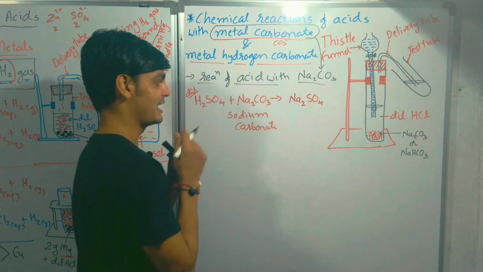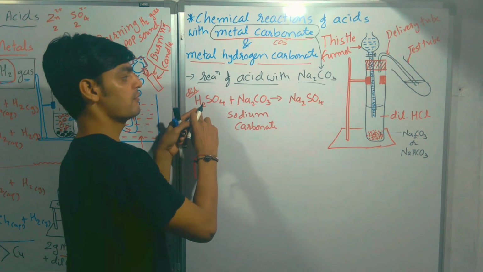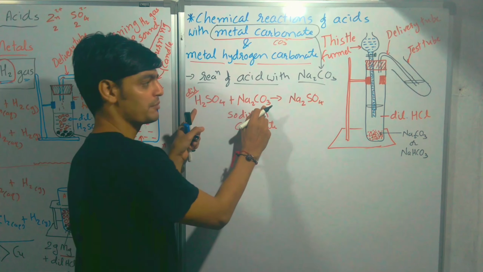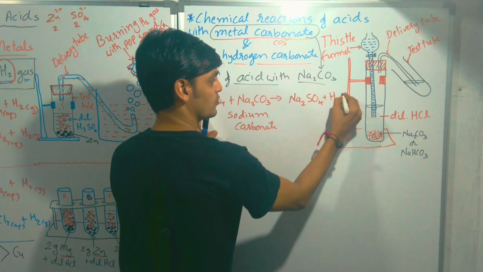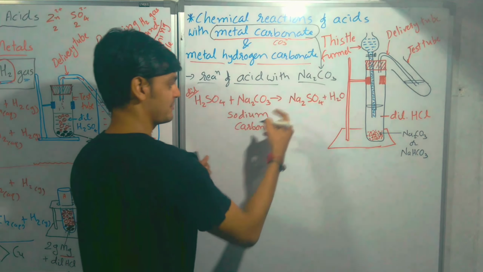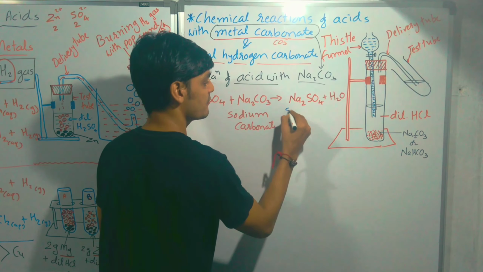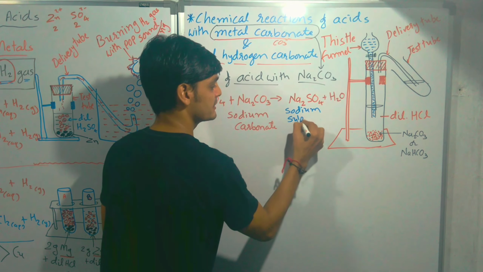Na2SO4. Why not hydrogen? Because hydrogen will form water, 2 hydrogen and 1 oxygen from here. So plus H2O. Two products are there. It's sodium sulfate.